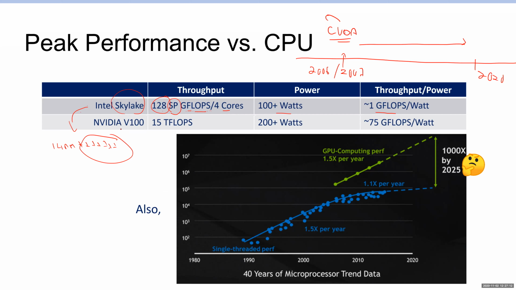Comparatively, an NVIDIA V100 card, which they call an accelerator rather than a GPU card because the V family is mostly meant for acceleration, can perform 15 teraflops. 1 teraflop is 1000 gigaflops. It can perform 15 teraflops at only double the power, equivalent to 75 gigaflops per watt.